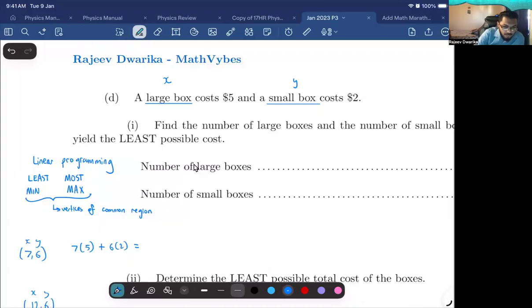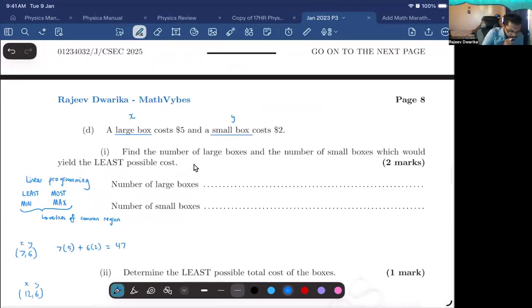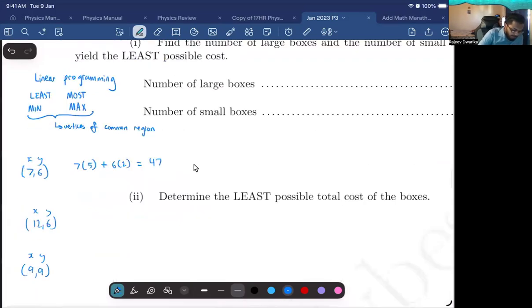26, sir. Nah, that can't be 26. Sir, I made a mistake here. I put 2 instead of 5. Right. 47, sir. 47. Right? So if you have 7 large boxes and 6 small boxes, it would cost $47. Let's check out the other possibility, right?